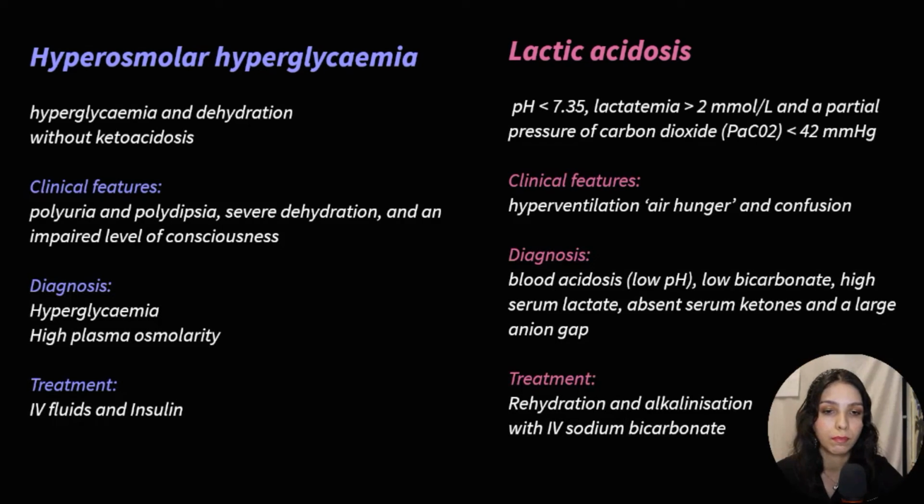Diagnosis: blood acidosis, low bicarbonate and high serum lactate, also absent serum ketones and a large anion gap. Treatment is rehydration and alkalinization with IV sodium bicarbonate. The prognosis of patients depends on the cause and level of lactate. Very high levels of lactate during shock are associated with high mortality rate.